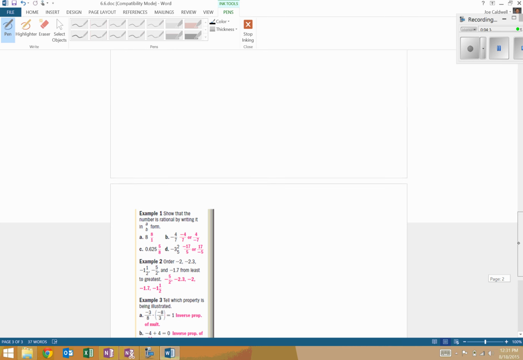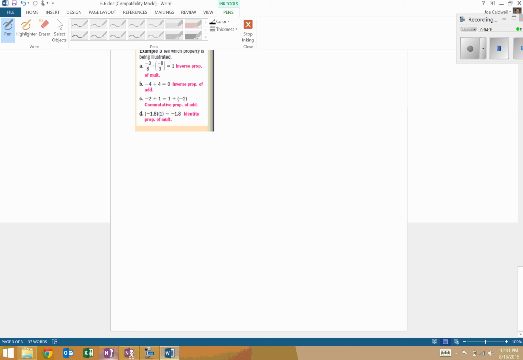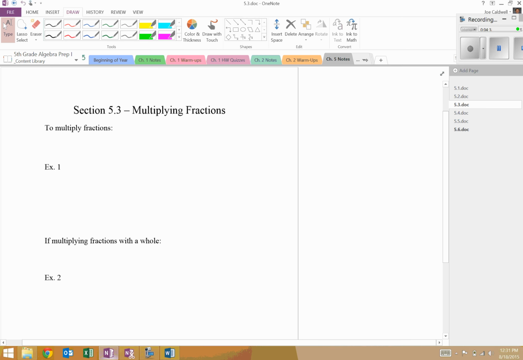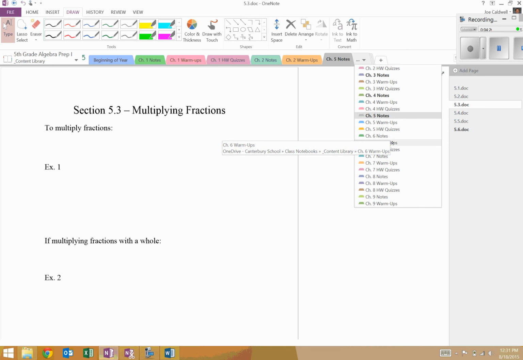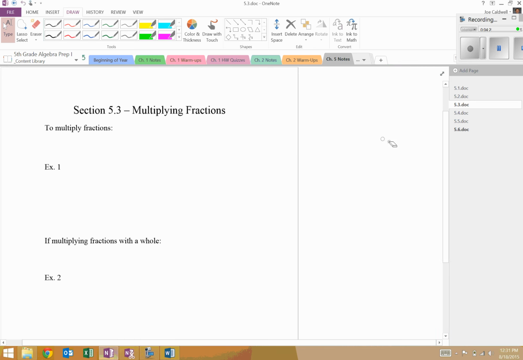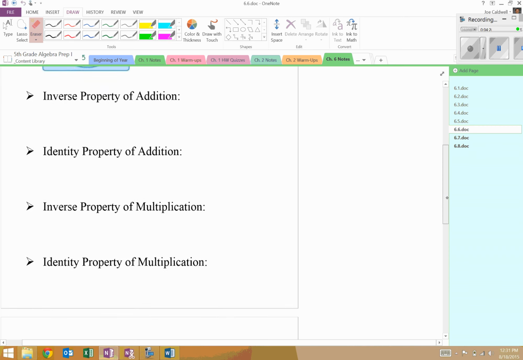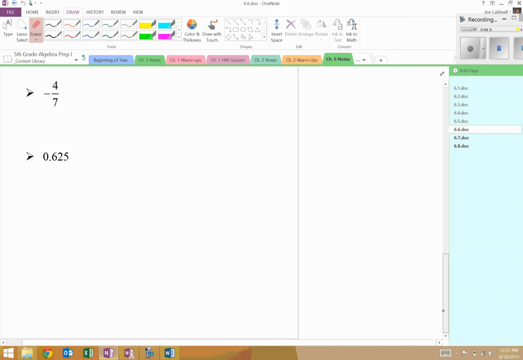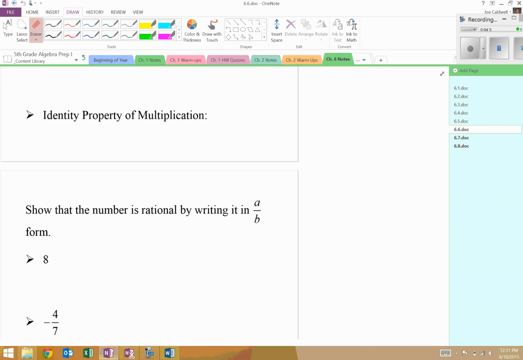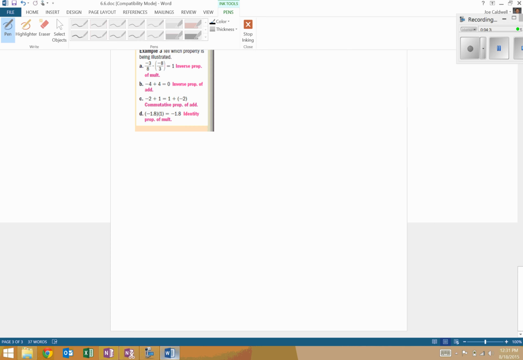So some further examples of using these familiar properties.